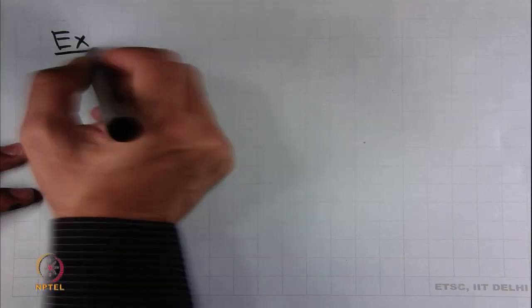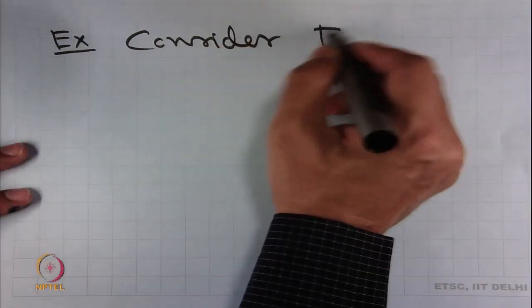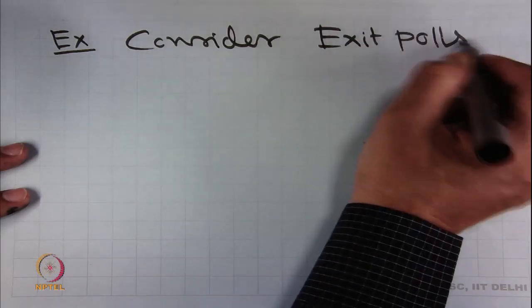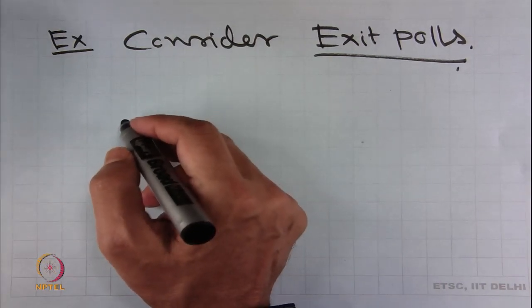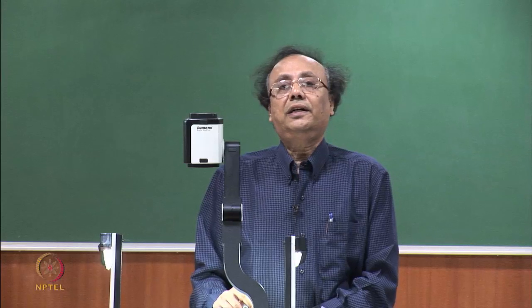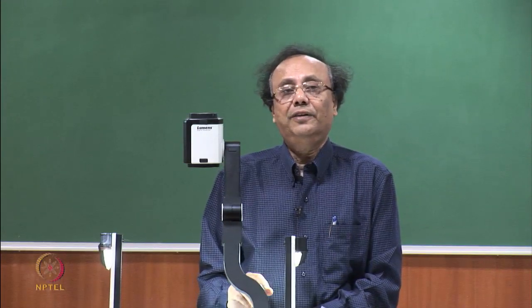For example, consider exit polls. There are so many voters, in terms of millions of voters, scattered all over the country in different states, different districts, different blocks, different polling booths.